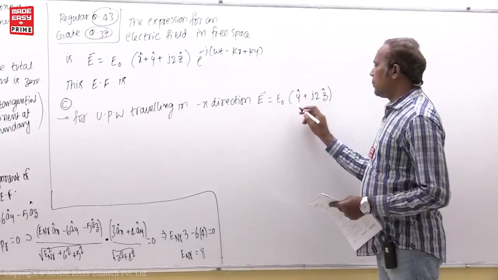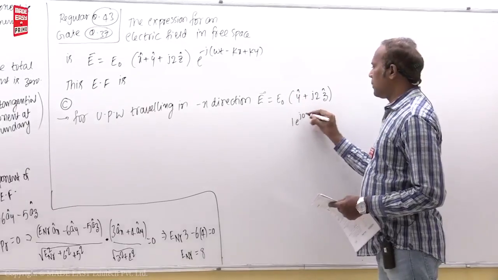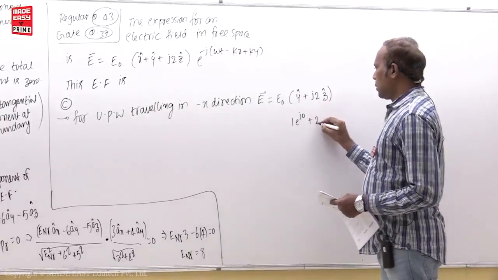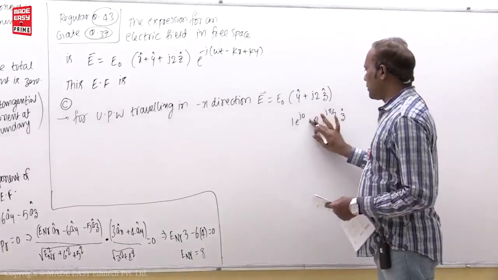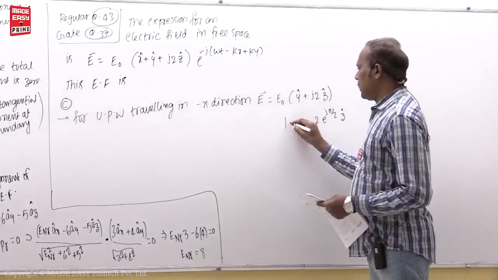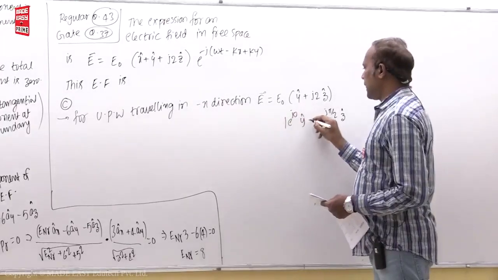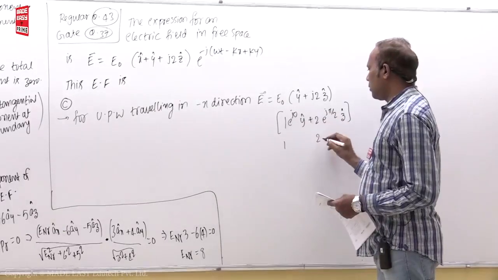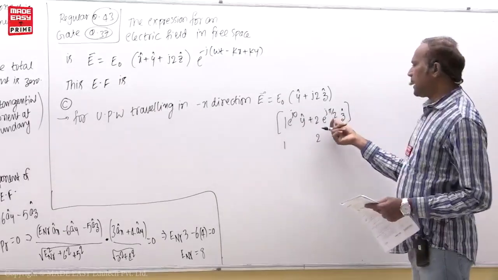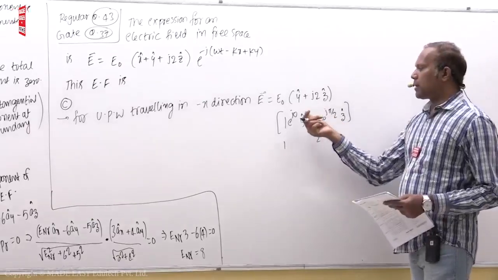Here it is written as y cap 1 into e power j0 plus 2 magnitude e power j pi by 2 z cap. So here it is 1 into e power j0 y cap. So here the magnitudes are 1 and 2, different magnitudes, and the second component leads the first component.